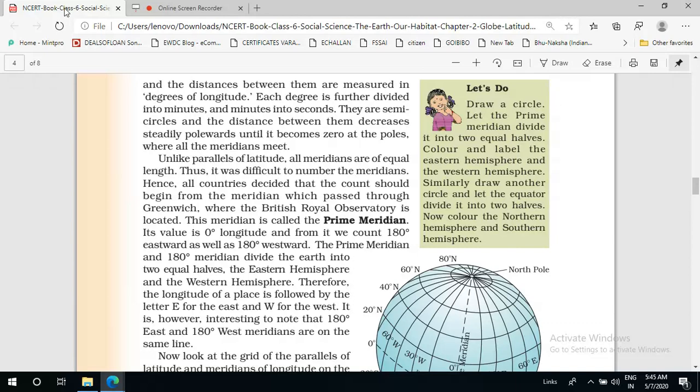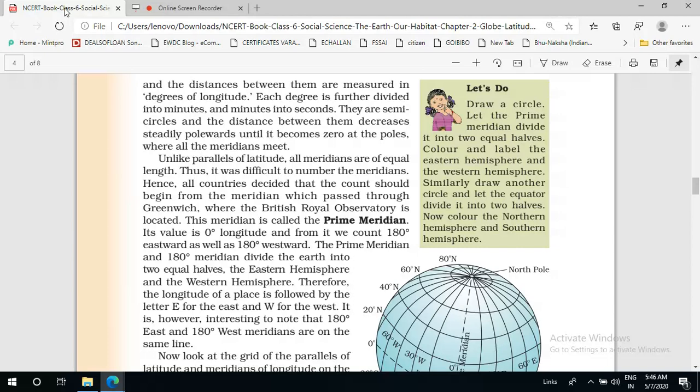One more important thing is that the 180-degree east and 180-degree west meridians are on the same line. They are not different. Otherwise, there would be more than 360 degrees. So it must be understood that both the 180-degree east and 180-degree west meridians are only one line.